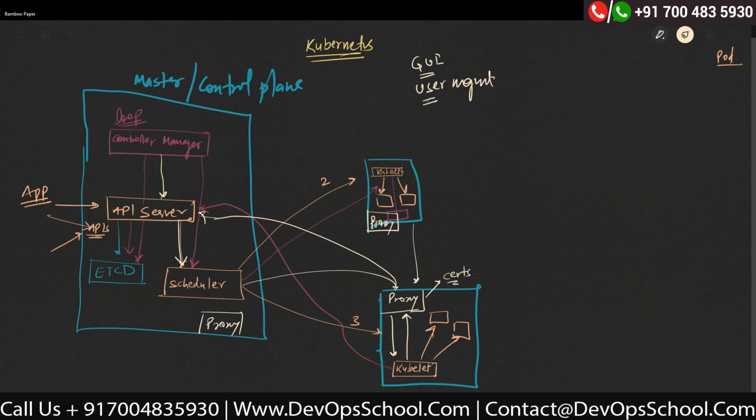For example, you can build your images. You get your own container registry, so you don't have to rely on Docker Hub. You can get your own private container registry when you use OpenShift, right? So these are some features which are added. Otherwise, internally, it all remains the same.